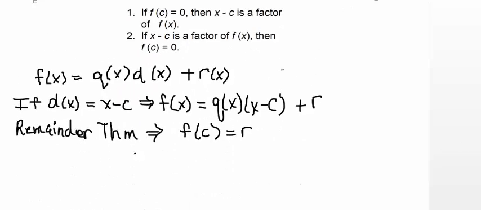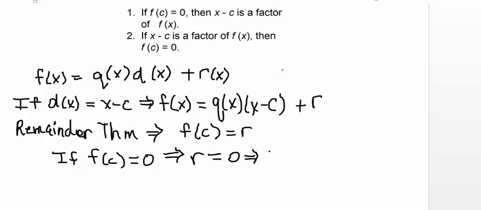And if that's 0, then r is 0. So if f of c is 0, r is 0, and f of x is just q of x times x minus c.